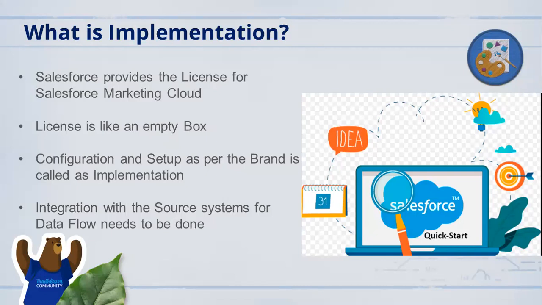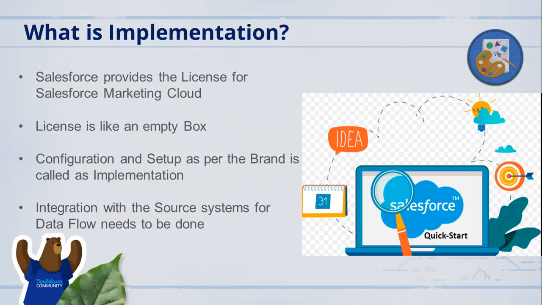And second, at the same time, is integration with the source systems. As a customer or client, one of them may be using an ERP, one may be using a customized ERP which is in-house, built by the organization. A third organization may use a Salesforce CRM.